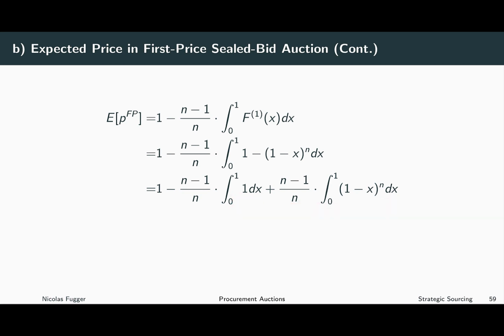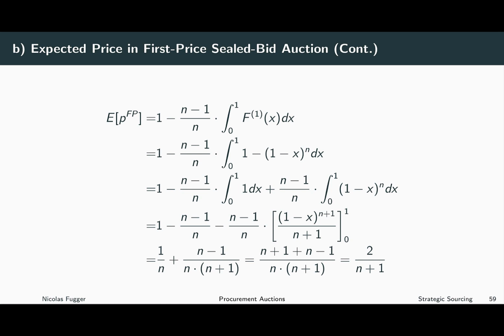Then we take the integral from 0 to 1 of 1, which is nothing different than 1. So that's how we get here. And we take the integral of (1 minus x) to the power of n, which is nothing else than (1 minus x) to the power of n plus 1 divided by n plus 1.